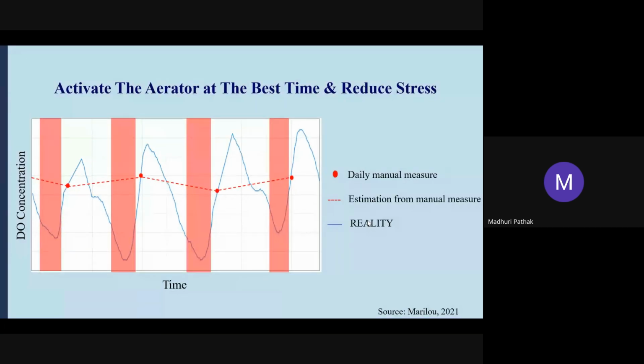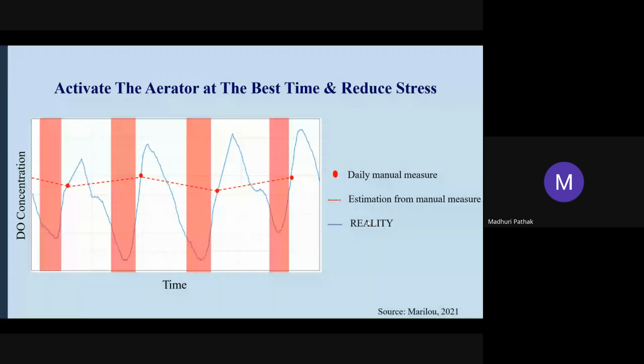So as I said, activate the aerator at the best time and reduce the stress. If the dissolved oxygen is less in the pond, it will ultimately create stress to the fish, because of which ammonia will increase and it further enhances the risk of disease occurrence.